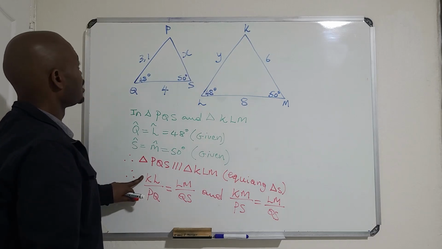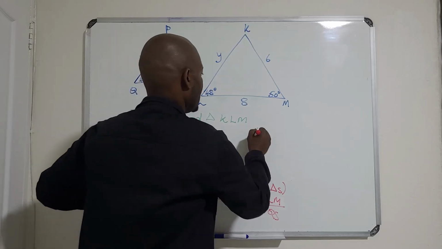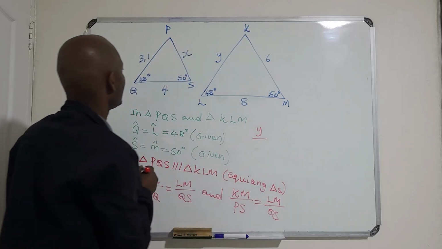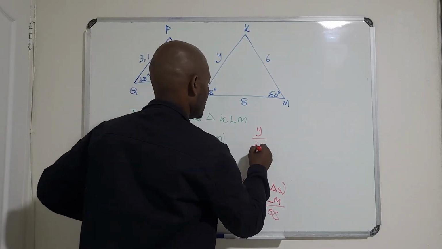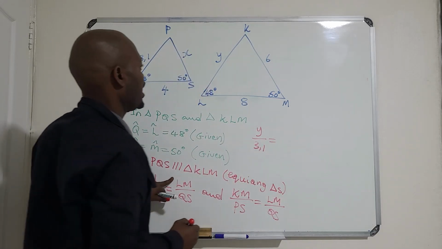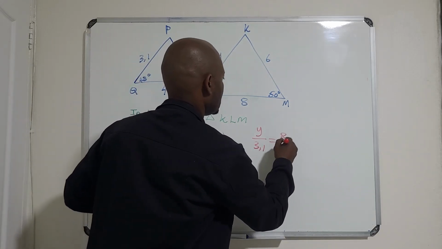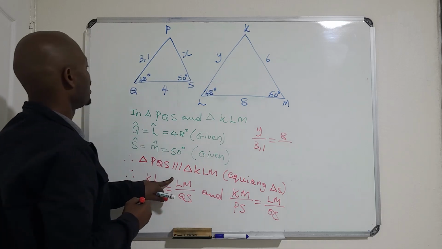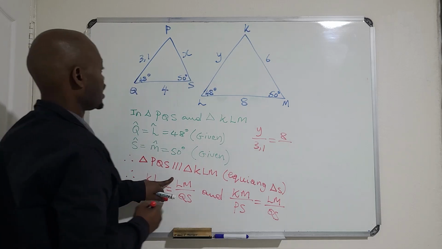What's KL? KL is y, over PQ is 3.1, which is equal to LM is 8, over QS is 4.